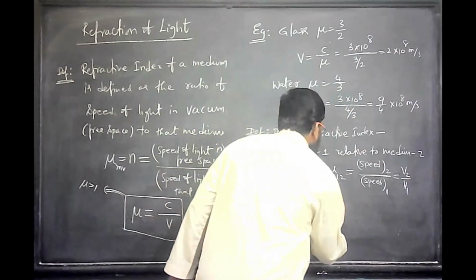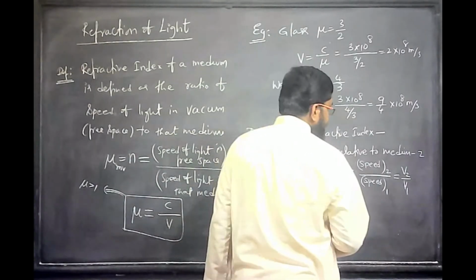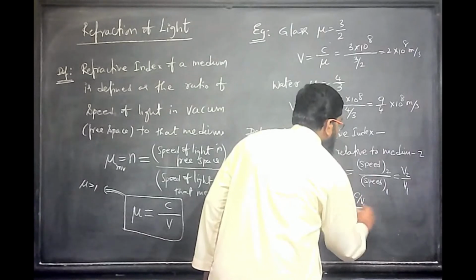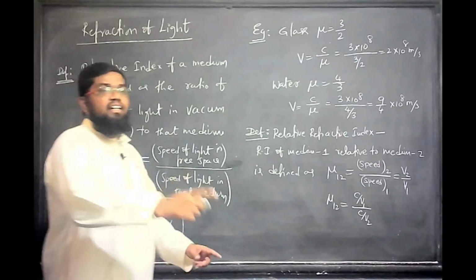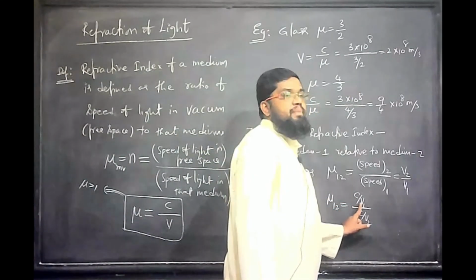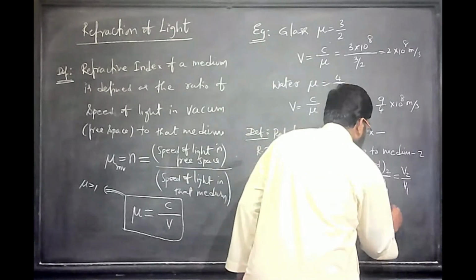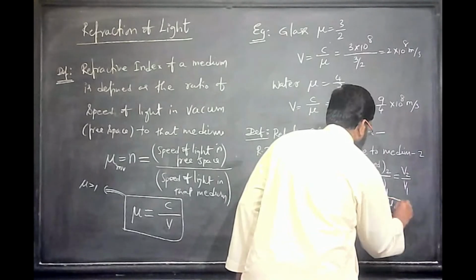So mu12 can be written like this: C by V1 divided by C by V2. What is C by V1? The refractive index of medium 1 with respect to vacuum. This is the refractive index of medium 2 with respect to vacuum.